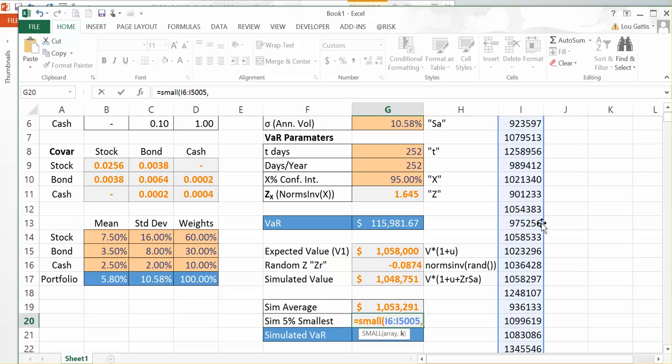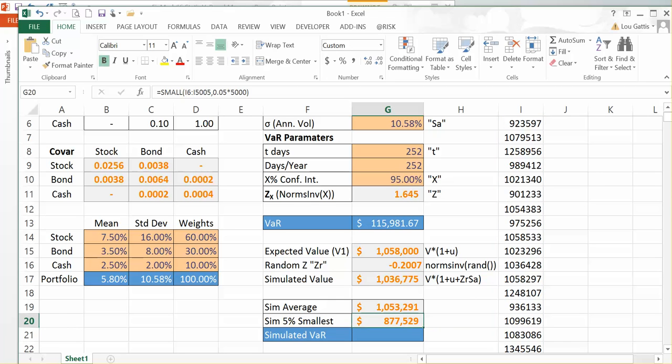So I put in my array as the first parameter, and then I will ask it, I want the 5% smallest. So I know that I can just type in 0.05 times 5,000. That'll give me 250. So the 250th smallest value in this column is 877,000.